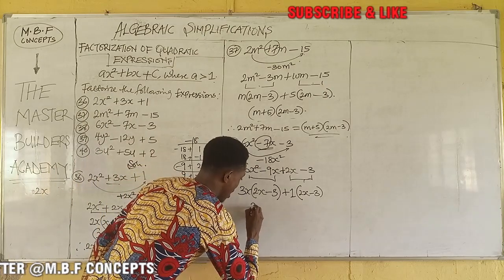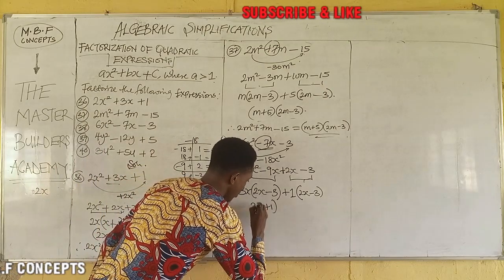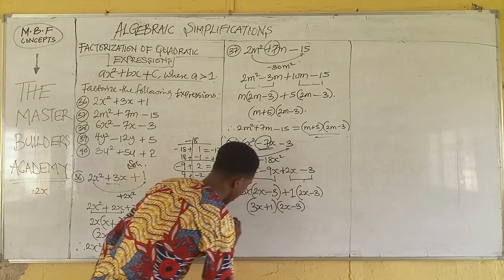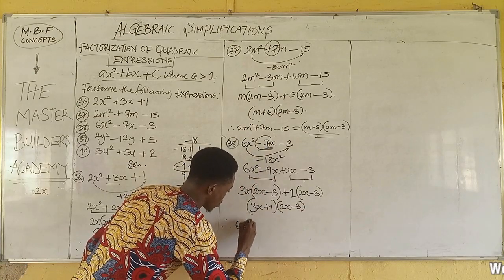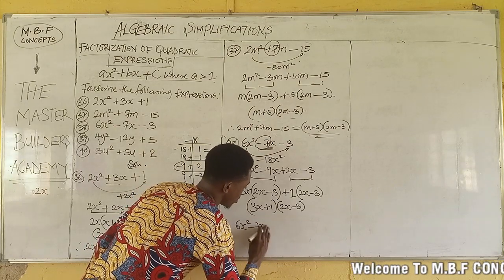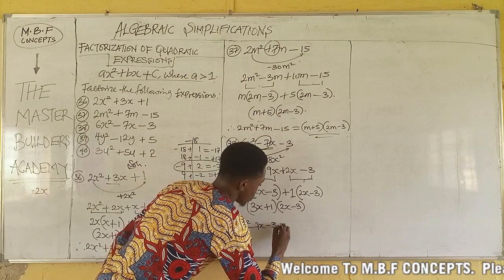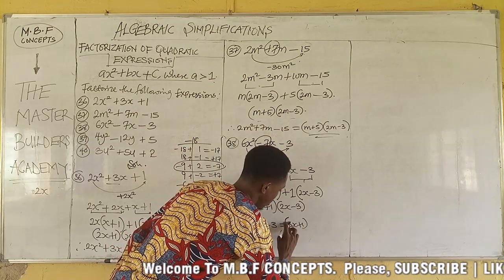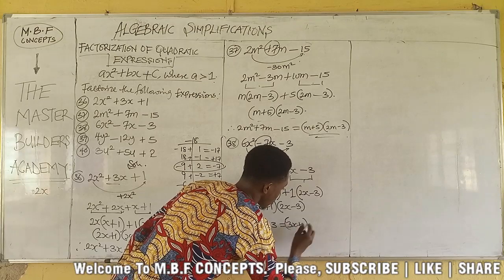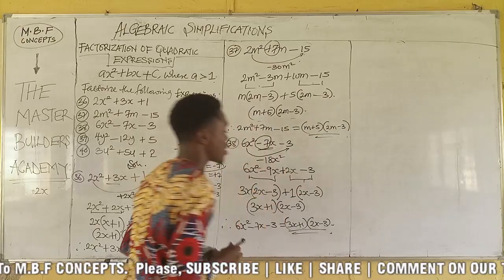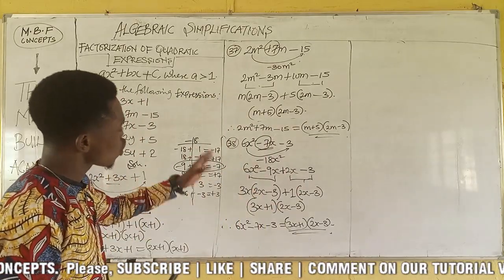So we are going to have 3x plus 1 multiplied by one of the equal brackets. Therefore, 6x squared minus 7x minus 3 is equal to 3x plus 1 into 2x minus 3. Guys, this is the answer to question number 38.